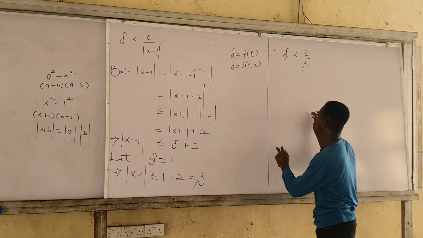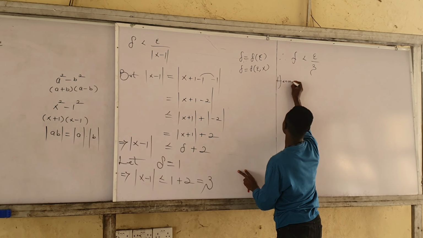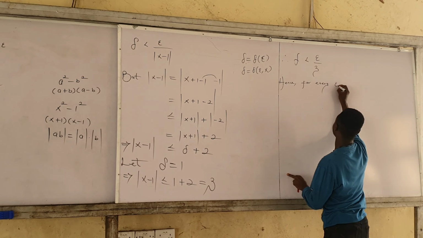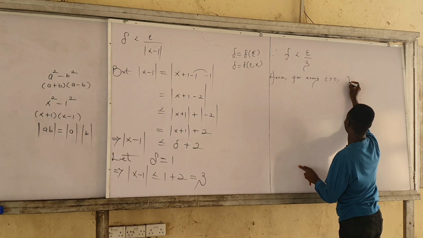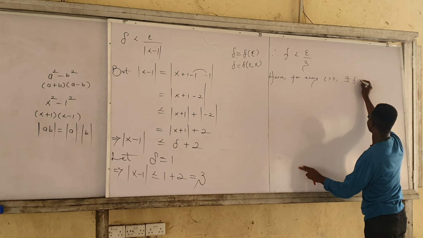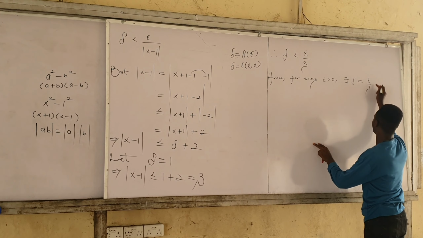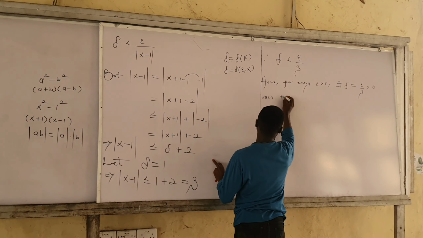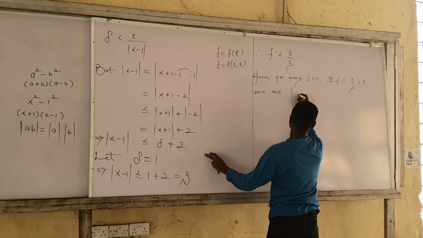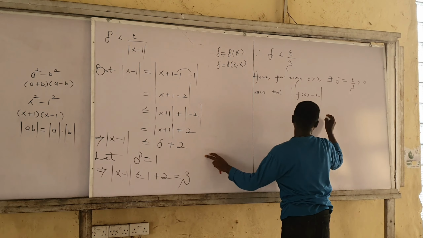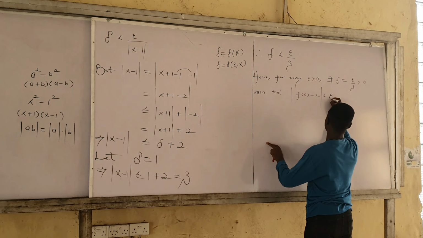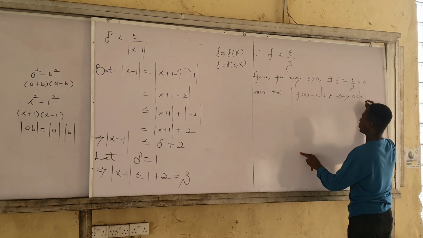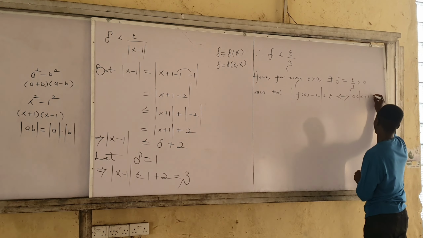So what we are going to do right now is to complete the proof by saying that hence, for every value of epsilon greater than 0, there exists a value for delta which is equal to epsilon all over 3, which is also greater than 0, such that the absolute value of f of x minus L is less than our epsilon whenever 0 is less than the absolute value of x minus c, which is actually x plus 1, and this is less than delta.